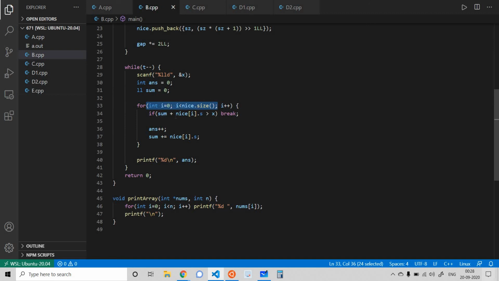I see if the sum plus the number of cells needed to construct a nice staircase of this size is greater than x, I just break out of the loop. Otherwise, I increase my answer by 1, as I can build this staircase, and I update my sum, which is the number of cells I've used till this point, and at the end I'm just printing the answer.